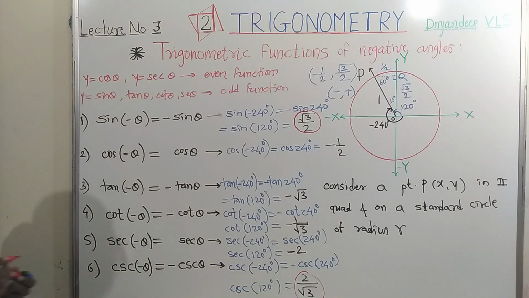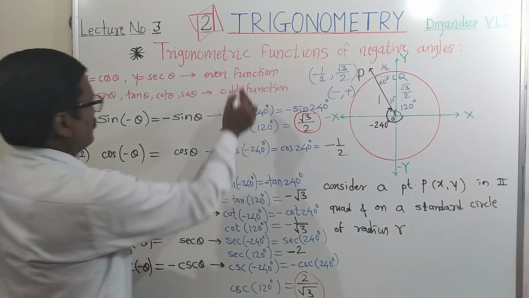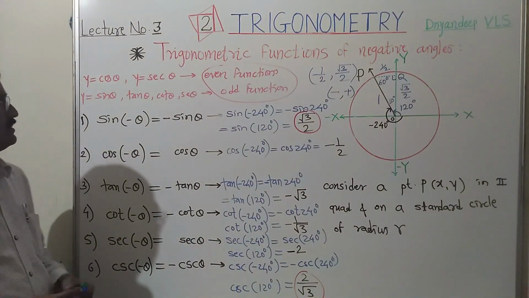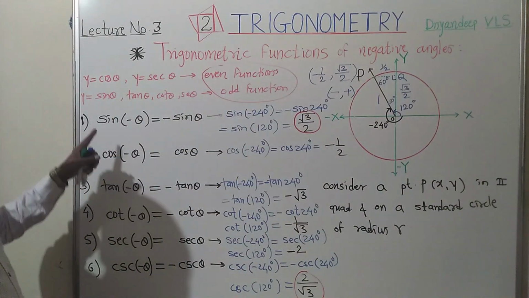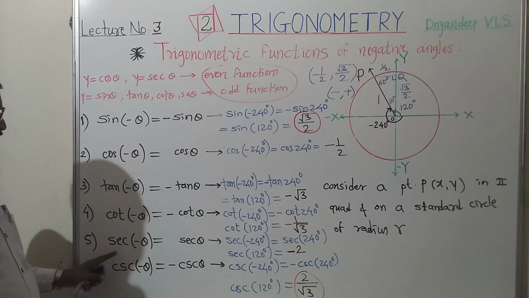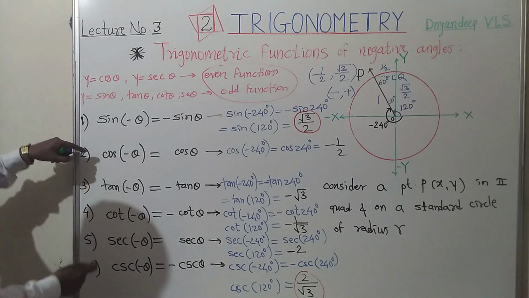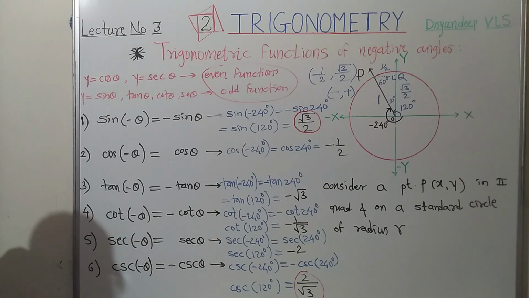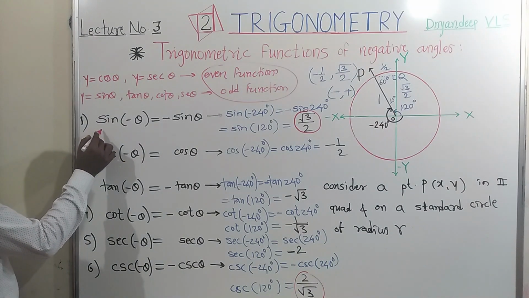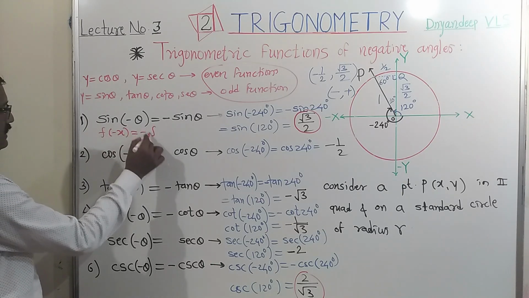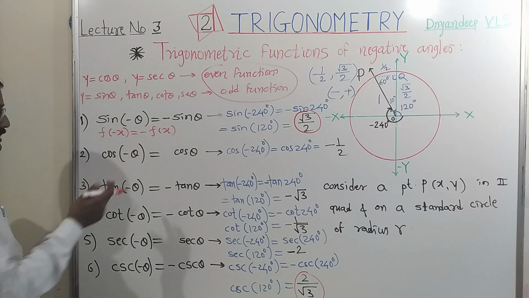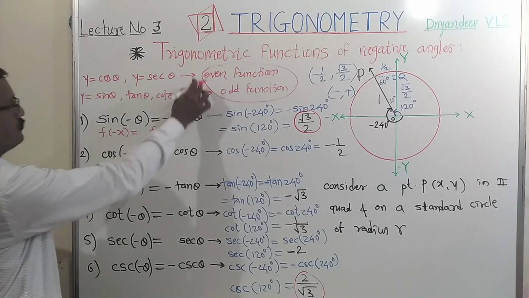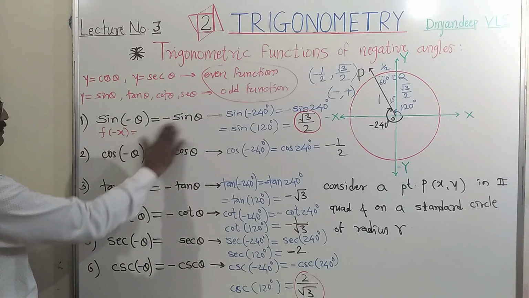These trigonometric functions of negative angles give us the even and odd nature of these trigonometric functions. So cos and sec are even functions because cos of minus theta is plus cos theta and sec of minus theta is plus sec theta. So these two functions are even functions, and the remaining four functions are odd functions, because by the definition of even and odd functions, if f of minus x is equal to minus f of x, then that function is odd, and if it is plus f of x, then that function is even. Using that we can conclude these two important results about trigonometric functions.